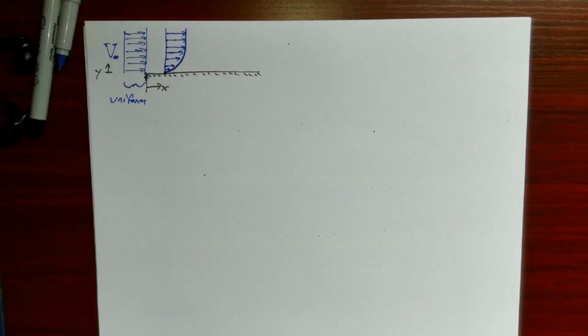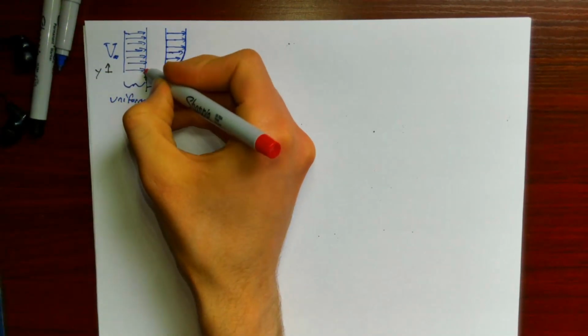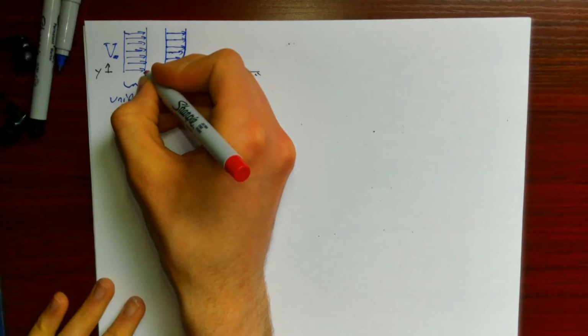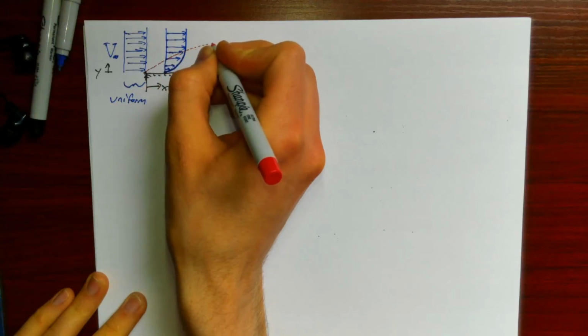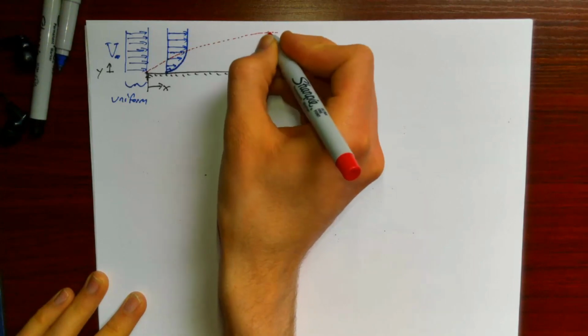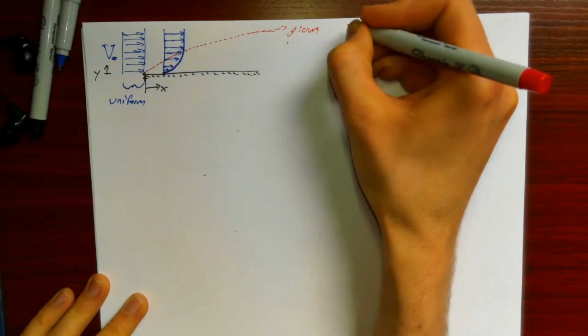What happens is, right at the leading edge of the plate, this transition happens over an almost infinitesimally small distance. But as we go down the plate, the thickness of this transition region grows. And it turns out that it grows without bound.